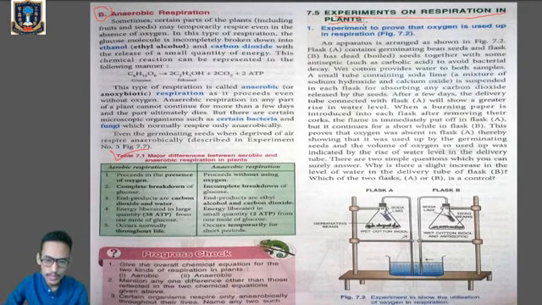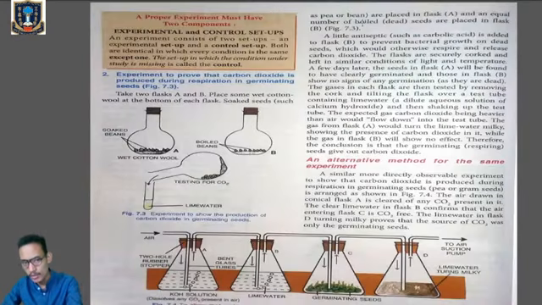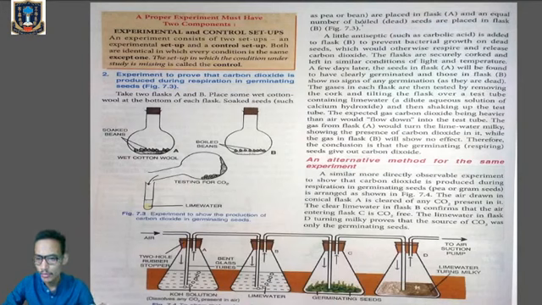Before going into the experiments, the first thing that we should know while setting up any apparatus for an experiment is that we have to have two setups before conducting any experiment.